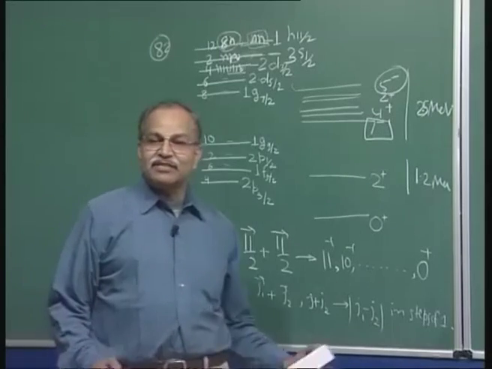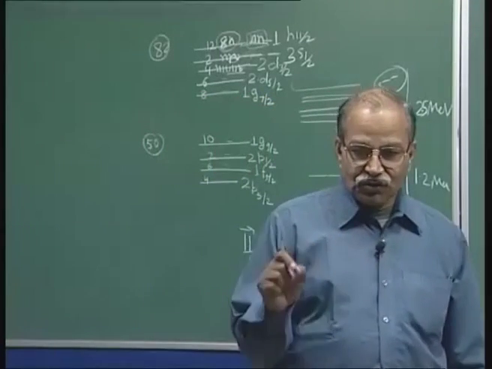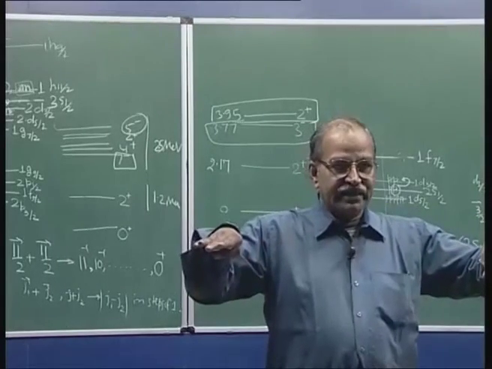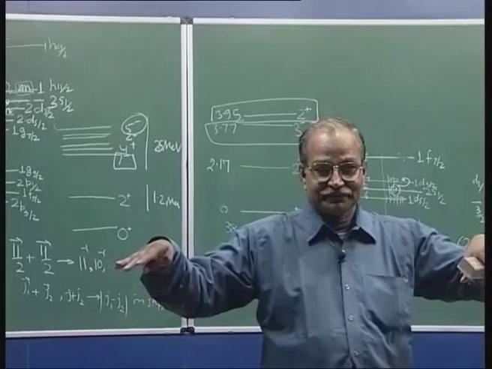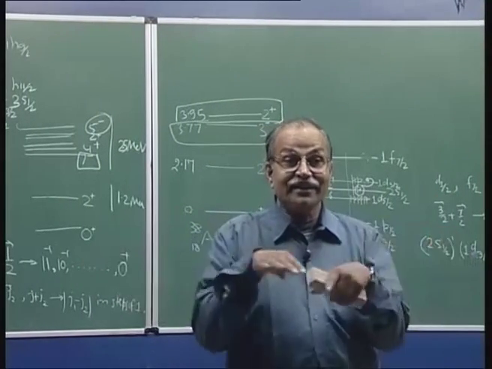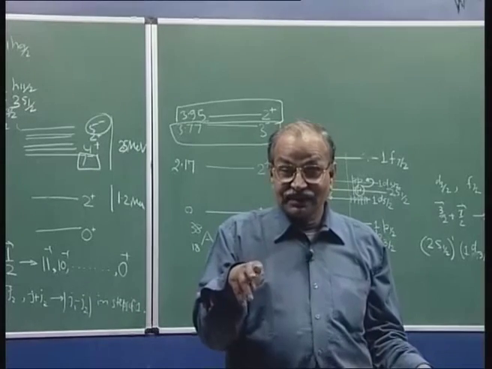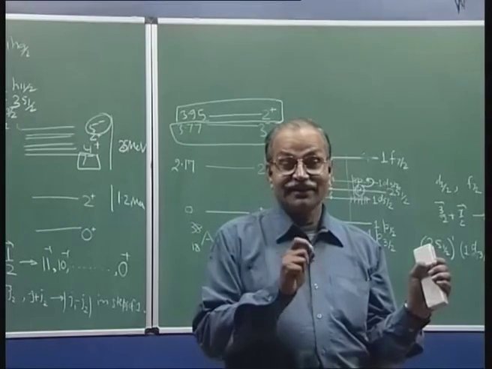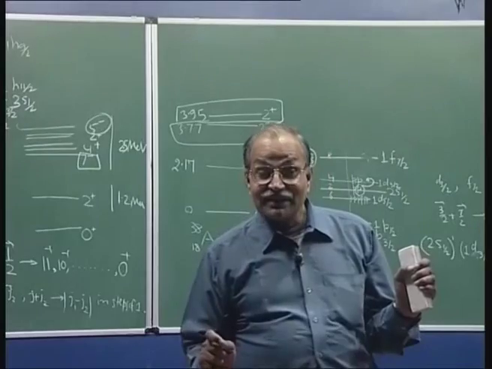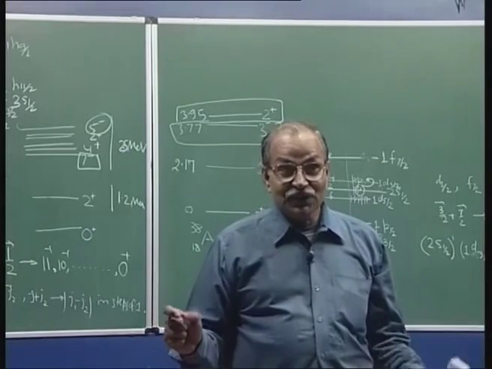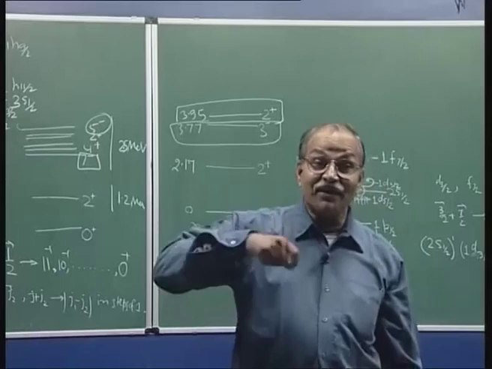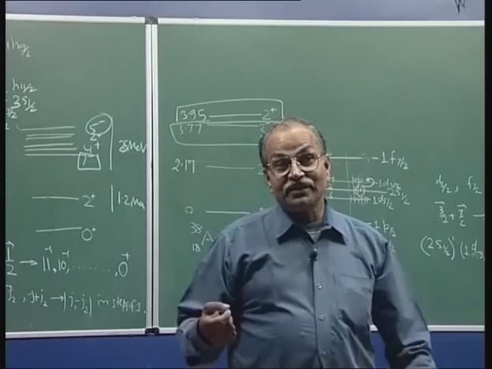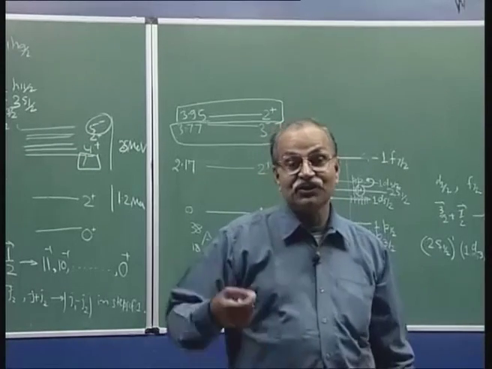But here an additional feature comes: if 2 neutrons are sharing the same n, L and J, then they are identical particles, and these quantum numbers are already fixed. So you have to bring in identical particle quantum mechanics. They are identical means you cannot distinguish which one is the first particle and which one is the second particle.